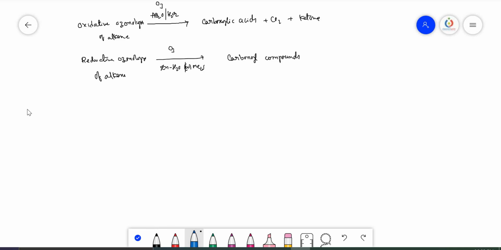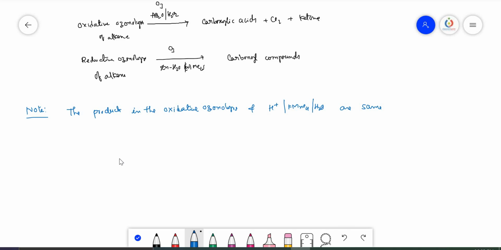So I'll write down a note here: the products in oxidative ozonolysis and H plus KMnO4, if you use H plus KMnO4 in the presence of water, are the same.